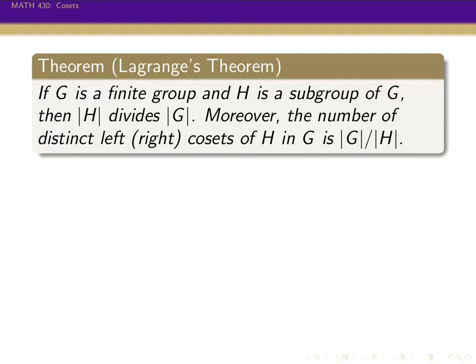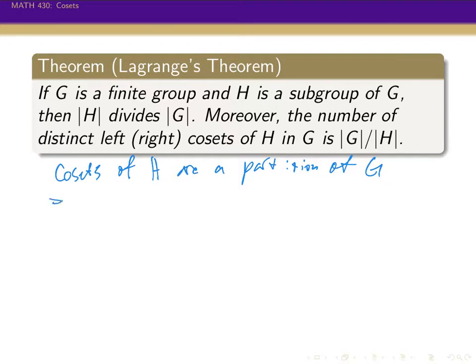The proof of this is very straightforward. The cosets of H are a partition of G because they come from an equivalence relation.